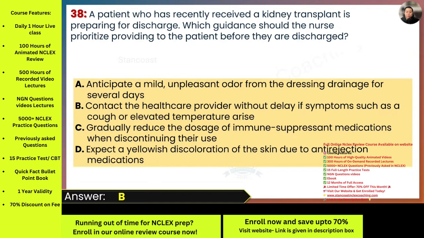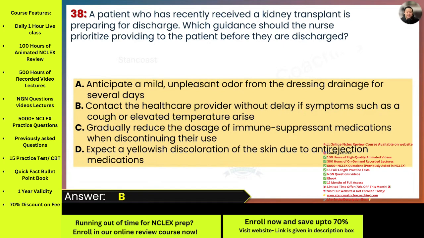And the only time these medications might be discontinued or adjusted is if the patient is experiencing signs of organ rejection, and that would only be under the direct guidance of the healthcare provider. And so discontinuing these meds without the healthcare provider's approval would put the patient at risk of rejection and could result in the loss of the kidney transplant.